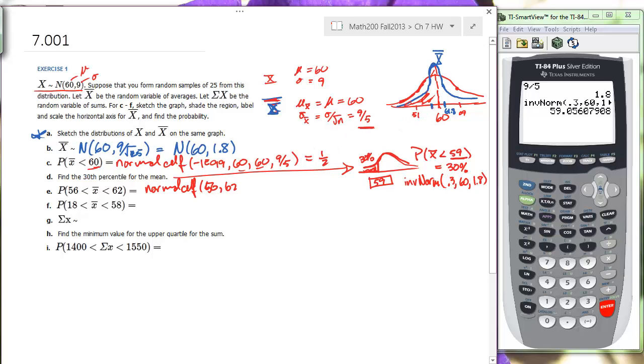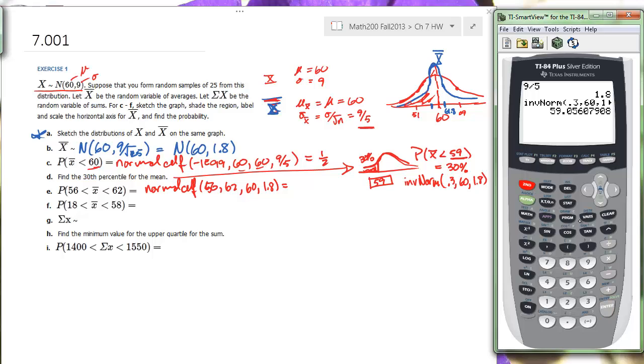That's probably a little bit less than 1 standard deviation away from the mean on the left side. Anyway, so let's do the calculation. It's a mean of 60 and the standard deviation of 1.8. Let's see how that looks in our calculator.